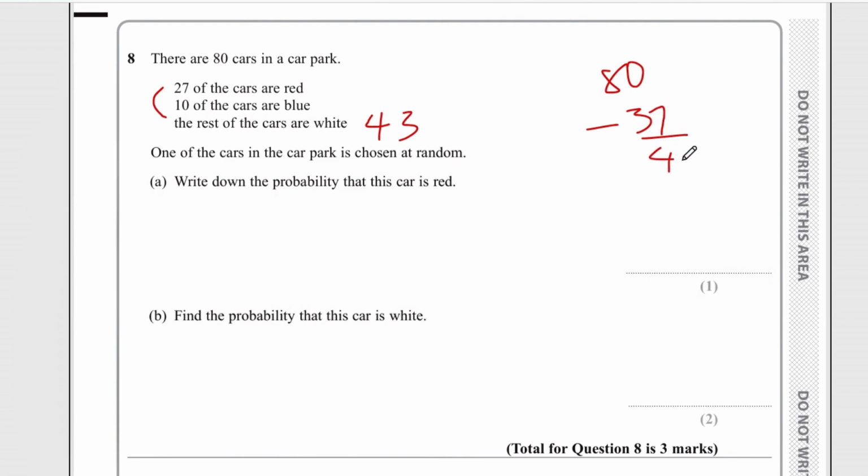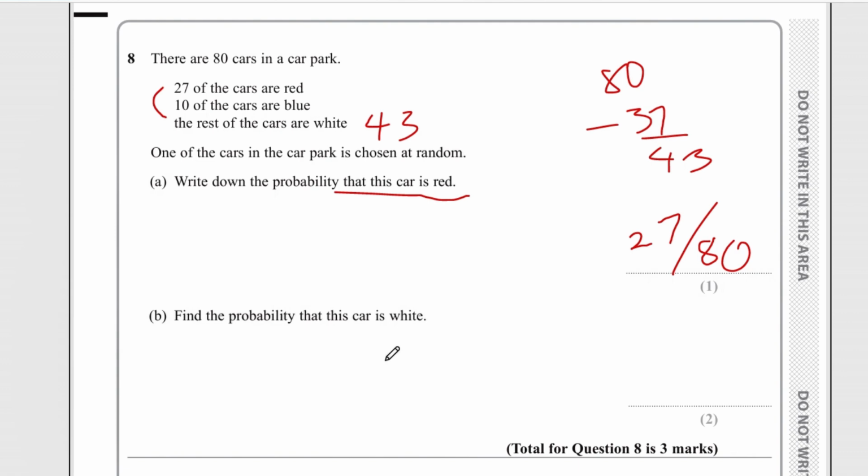So 43 are white. Now, write down the probability that the car is red. How many red cars are there over the total? That's what you need to do. So red cars are 27. You pick the 27 over the total, that gives you 27 over 80.